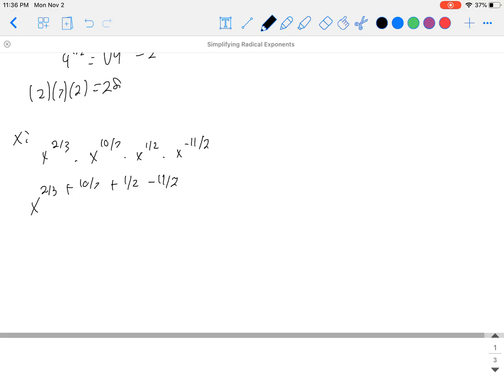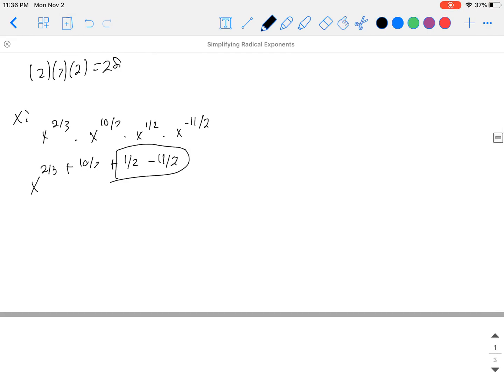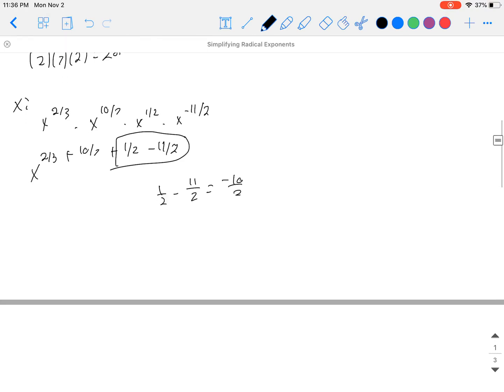Here, the main issue is going to be finding common denominators, since that's what we need to do when we add fractions. So if we start with the 1 half minus 11 over 2, giving us negative 10 over 2, meaning we have x to the 2 thirds plus 10 over 7 minus 10 over 2.